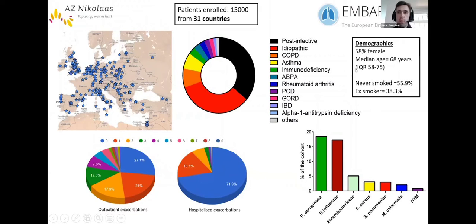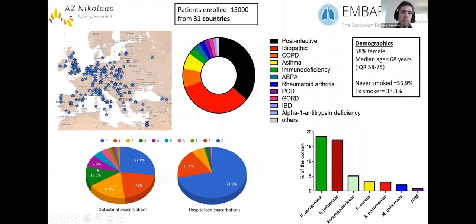If we look at the demographics, we see that the European patients are mainly female, 58%, and the average age is 68 years. Most of the patients, luckily, have never been hospitalized, but the distribution of exacerbations ranges from 0 to, let's say, 4 or 5 exacerbations.